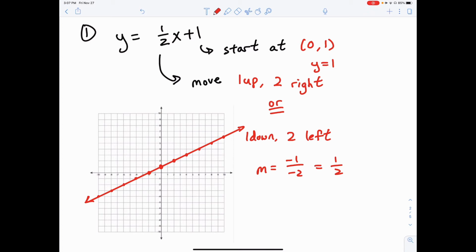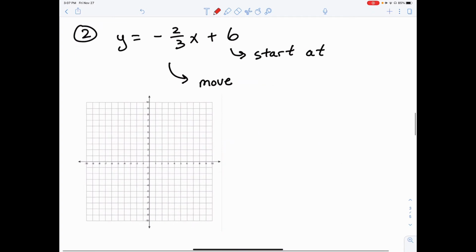Let's take a look at another one. Number 2 here says y = -2/3 x + 6. So this means we start at (0, 6), or y = 6. So on the y-axis, we go up to 6. Here is our starting point. For -2/3, you can decide to put the negative either on the top or the bottom.